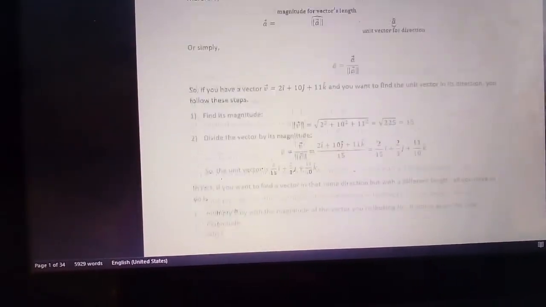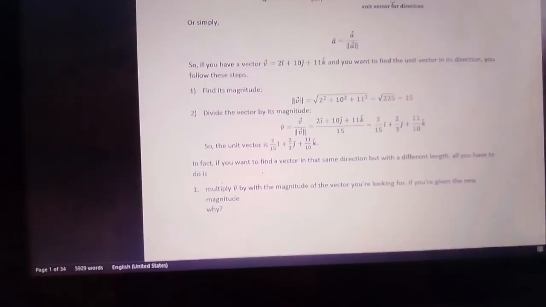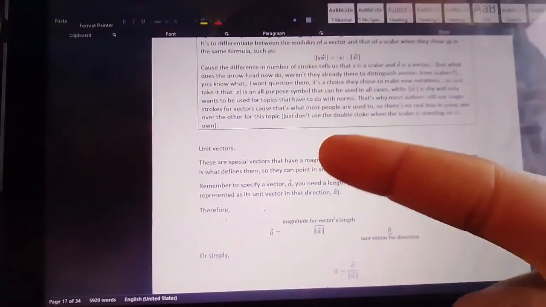But let me get to the part where I showed what I just finished explaining now. Okay, this is it here. Under the book, you will get it under unit vectors.